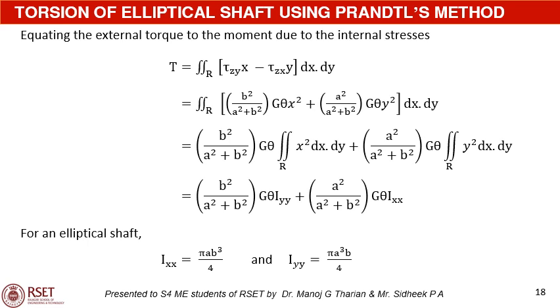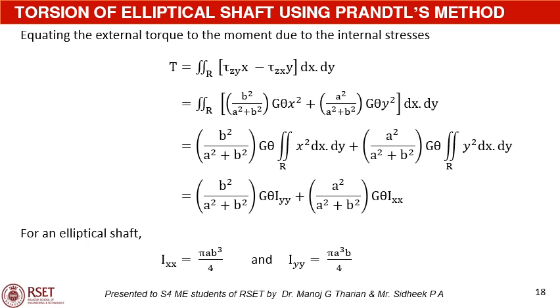We know that the double integral over the region R of x² dx dy is the second moment of the area with respect to the y-axis, which is Iyy, and the double integral over the region R of y² dx dy is the second moment of the area with respect to the x-axis, which is represented by Ixx.